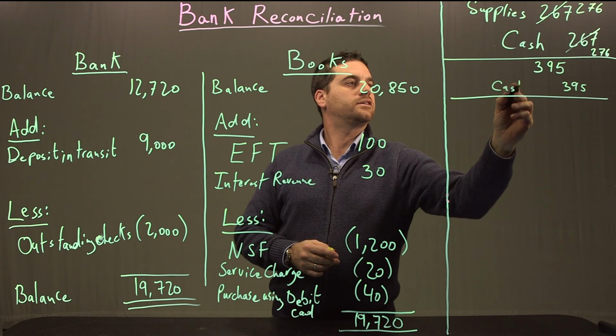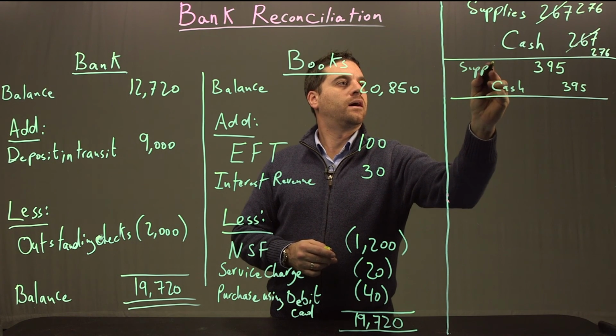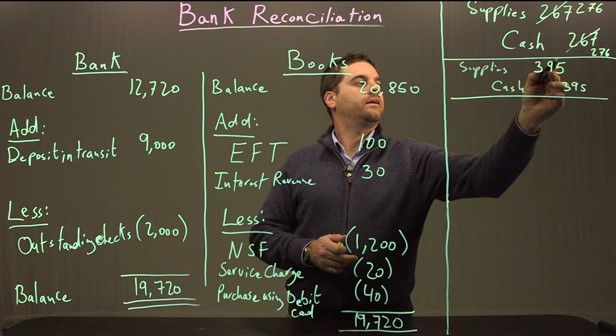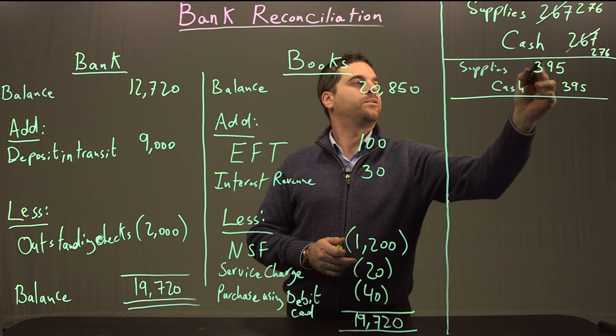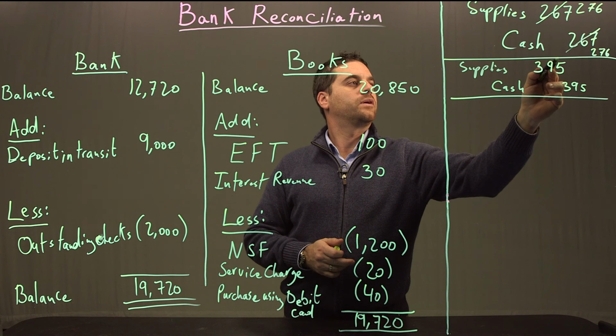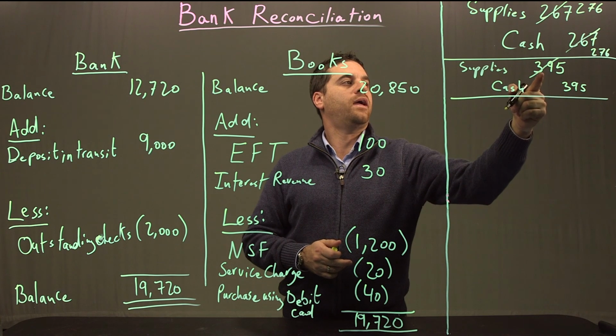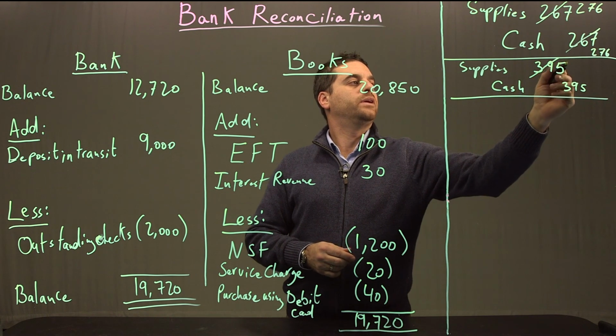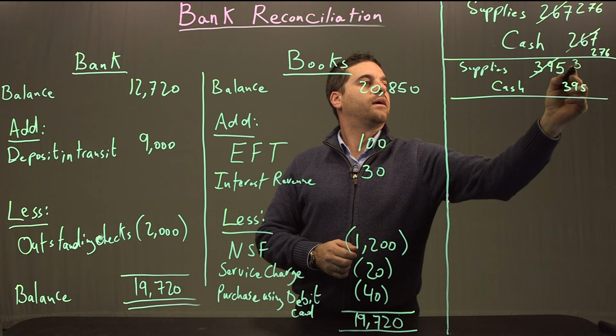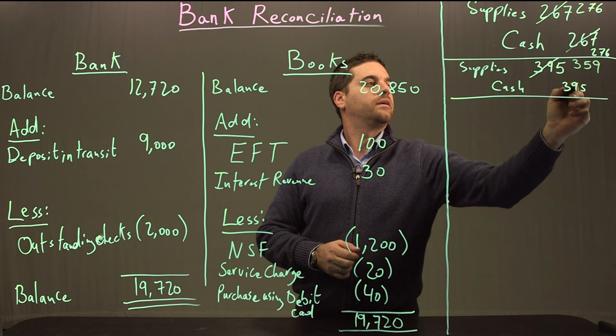Okay, credit to cash, debit to supplies, and that's what we were supposed to record, and that's the actual amount we paid, but we recorded 359 instead of 395.